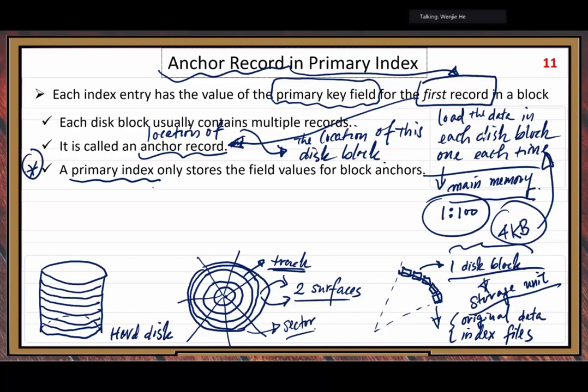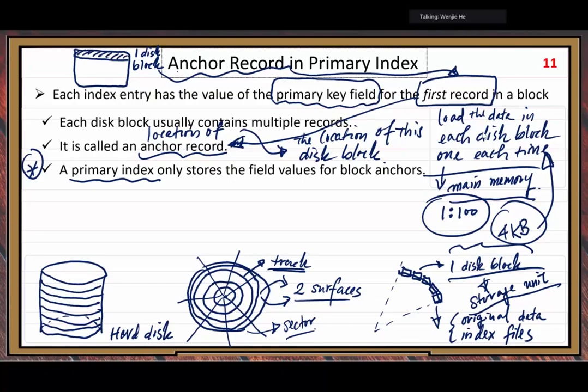Suppose this is one disk block. The first record in this disk block is the anchor record.